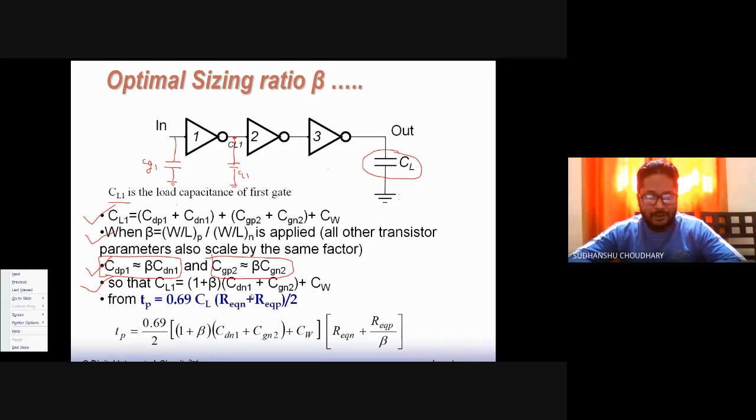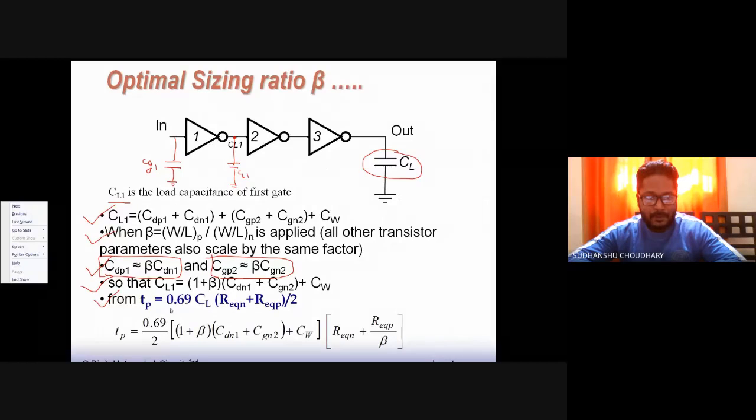Now using this CL1, one can find out the propagation delay by using the same old formula: the average propagation delay is given by 0.69 multiplied by CL multiplied by the equivalent resistances of NMOS and PMOS divided by 2. One can put CL as CL1, and so we have the delay of this kind.